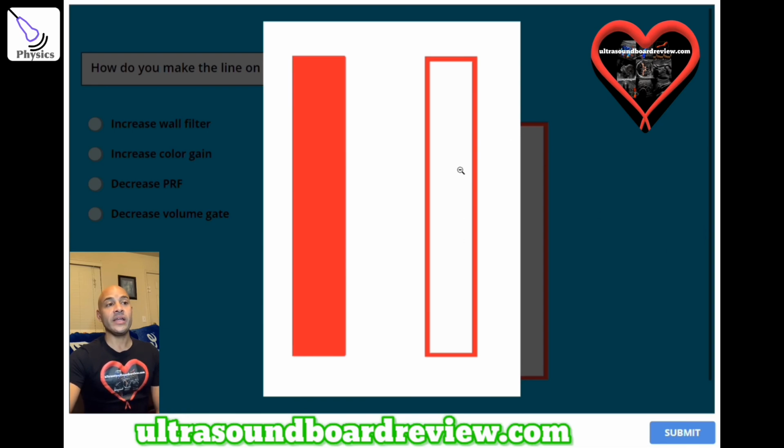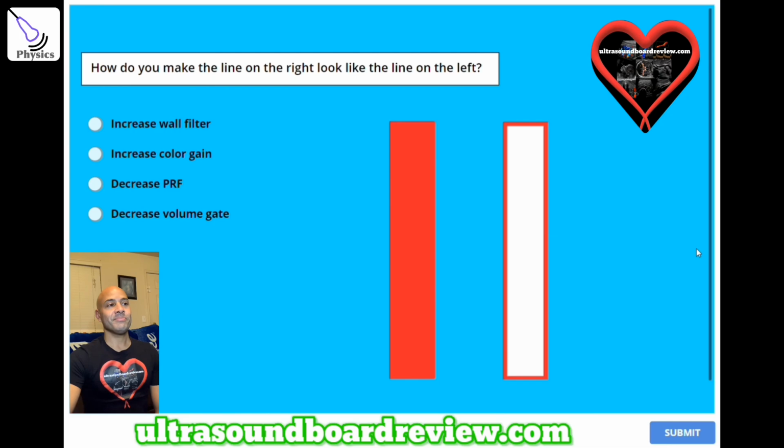So what do you do to make this line here look like this line here? So if you haven't figured out by now, these are 2 vessels.